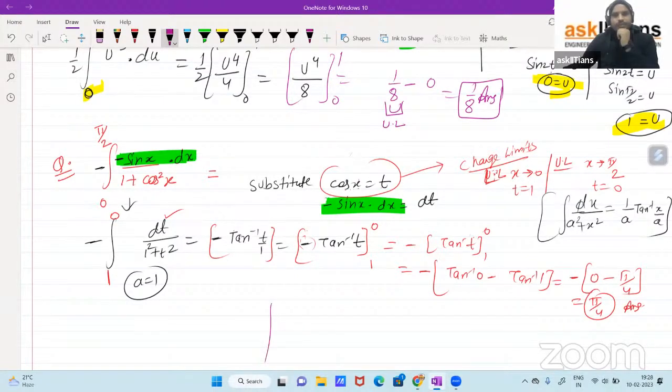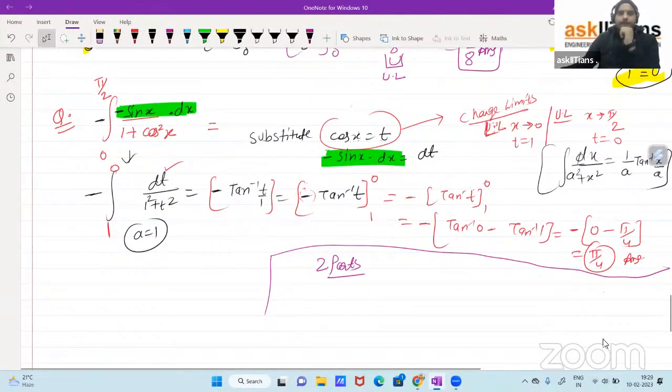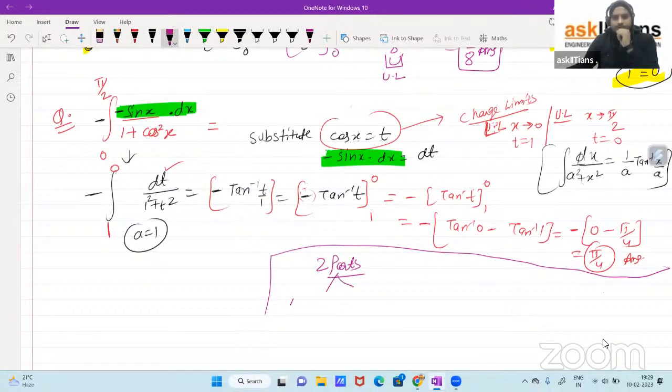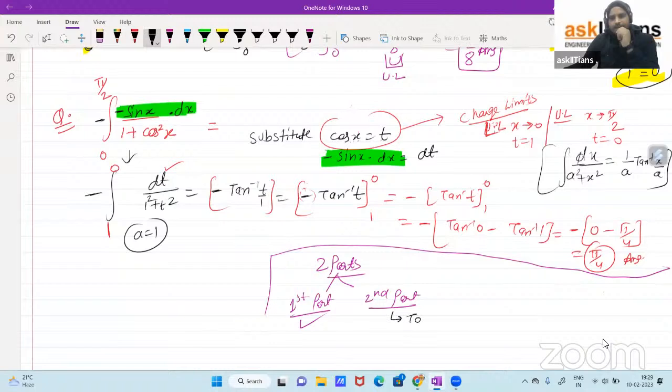Now, as I told you, we will be covering definite integration in 2 parts. One part is completed today, and the second part we will do tomorrow, at the same timing, 6:30 p.m. to 7:30 p.m. IST.